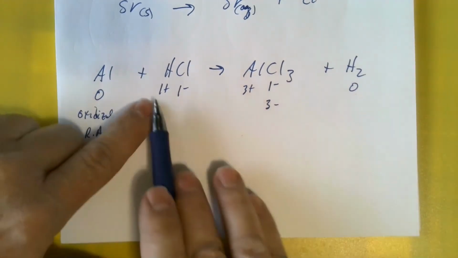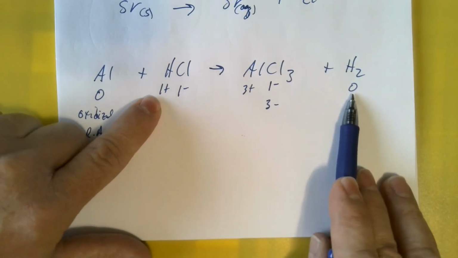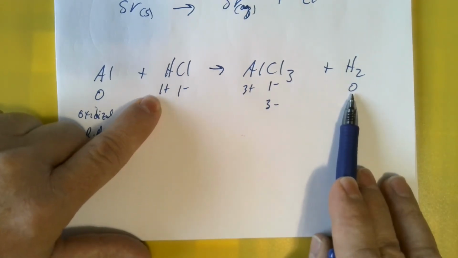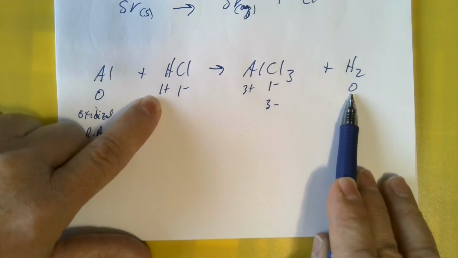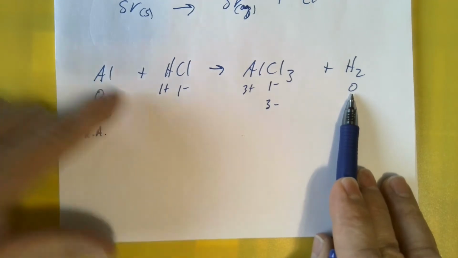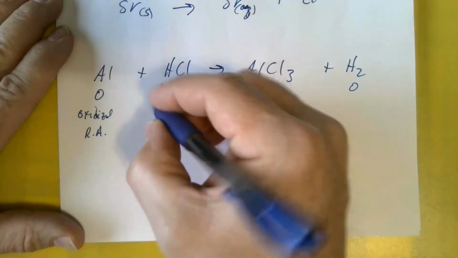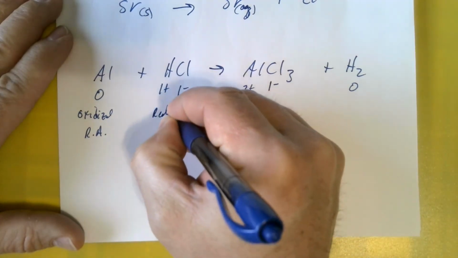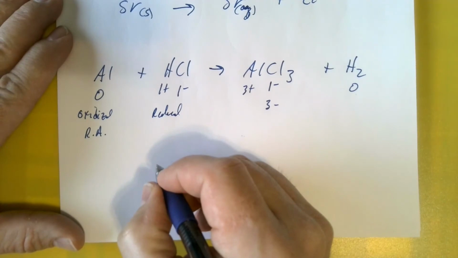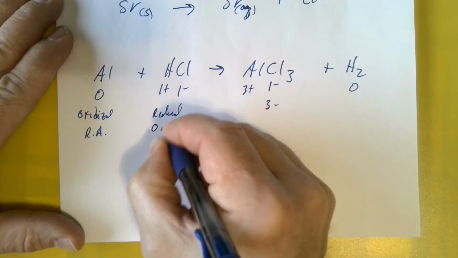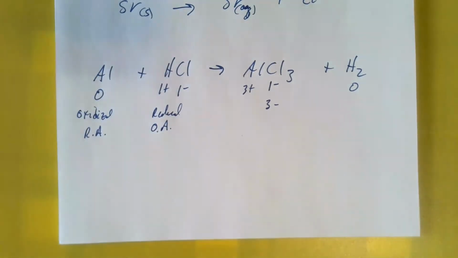But my H goes from a 1 positive to a 0, which means it did what? Did it gain or lose electrons? Gain electrons, right? So that means it was reduced, which makes it my oxidizing agent. Okay?